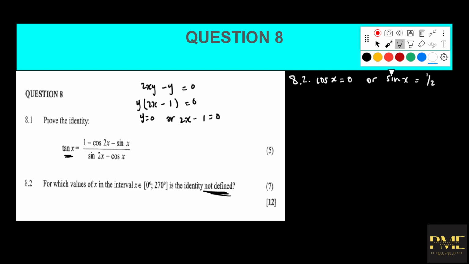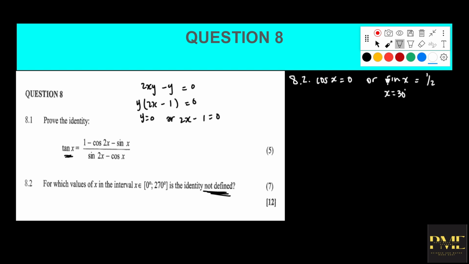So the second function is sine of 1 over 2. Remember that when it comes to your special angles, sine of a half comes from a reference angle of 30 degrees. So x equal to 30 degrees is our reference angle.